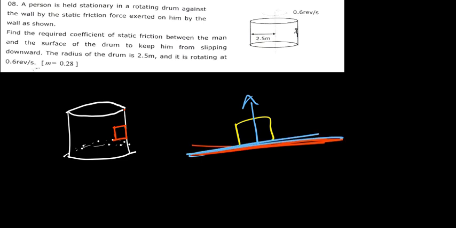As this person is trying to slip from the top going down, what is happening is this. If you have a surface, and there is an object on top of the surface, the force perpendicular to the surface is what we call the normal force.